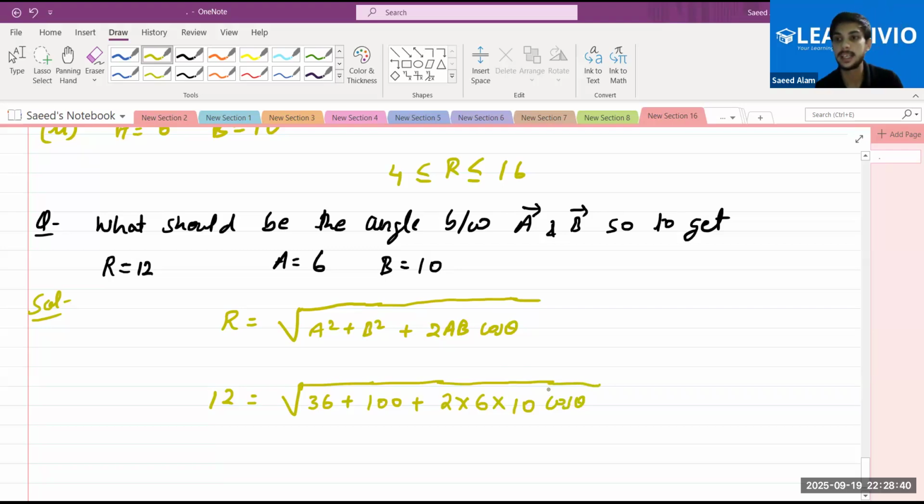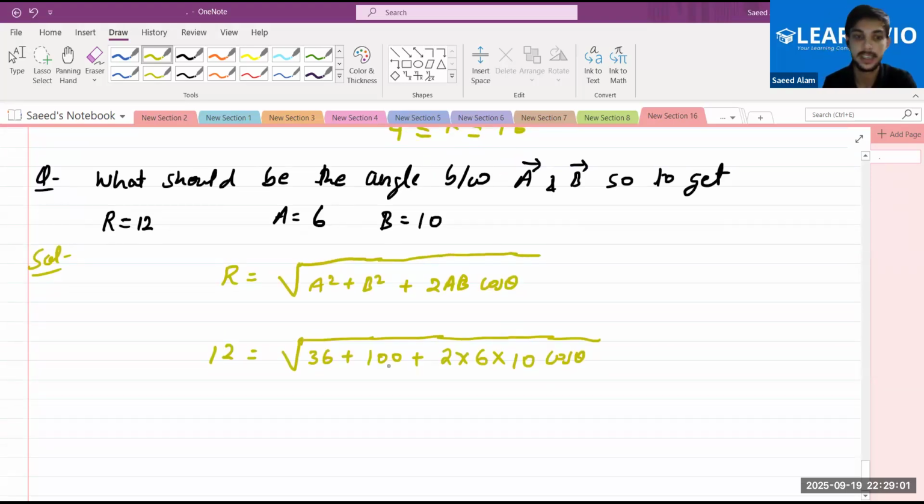Don't expect a very nice result to come from here, because we took this question randomly. It is not present anywhere. I just took it randomly so that I could give you a different view of solving the question. Cos theta can take any value, but just understand the analogy that I'm solving here. What should I do next?